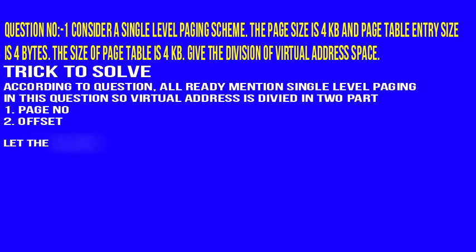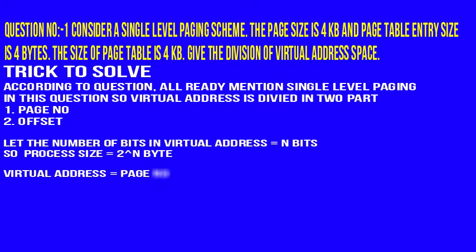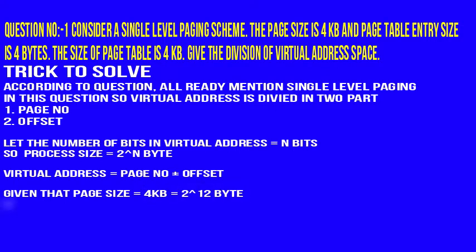Let the number of bits in the virtual address equal n bit. It's an assumption. So according to the formula, the process size equals 2 to the power n byte, where n represents the number of bits of the virtual address.